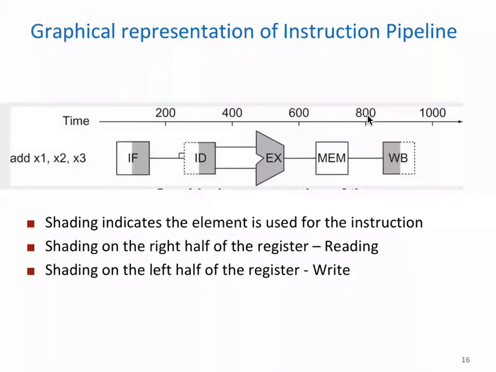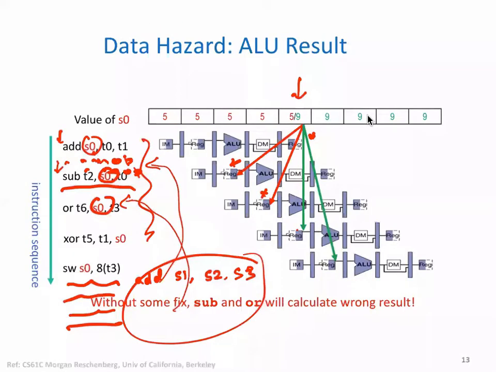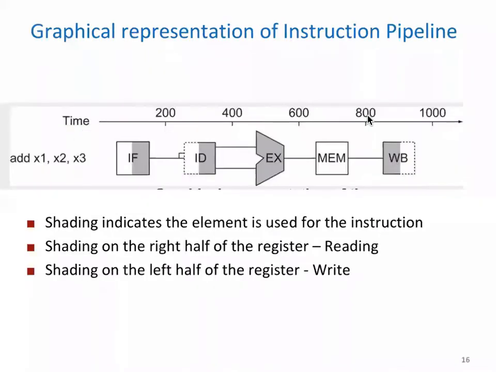Okay, so here is a graphical representation of the instruction pipeline. We'll use this, and you can see that we are not showing registers in between stages, right? Earlier we have been showing registers, so we can use this diagram as well. Okay, so you can note here the shaded portion.